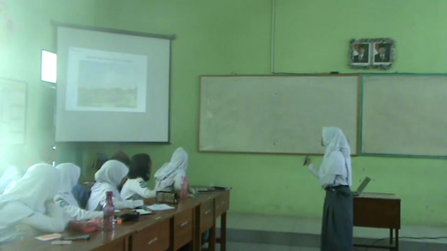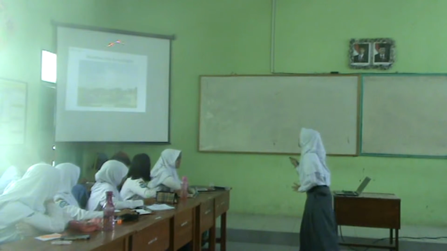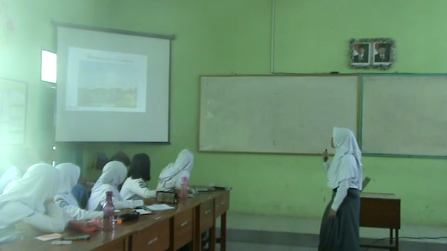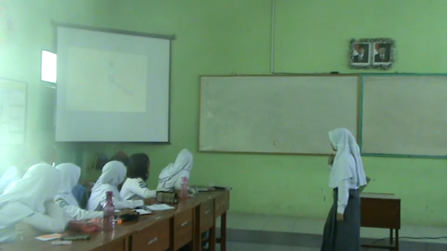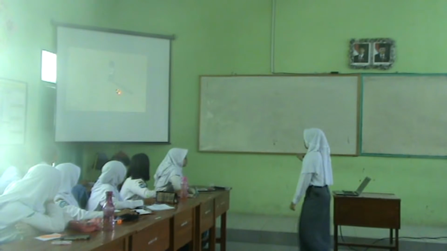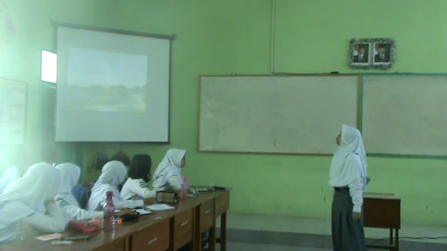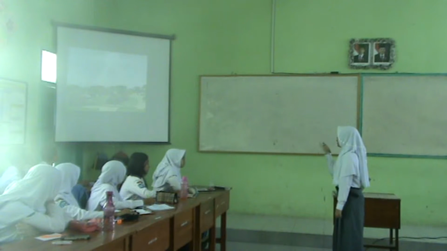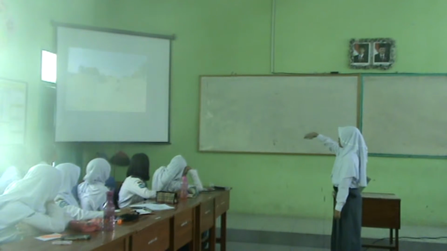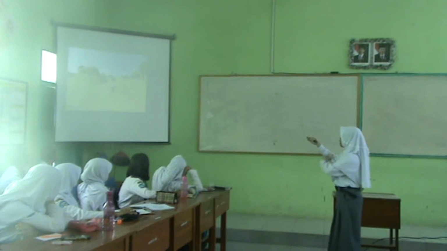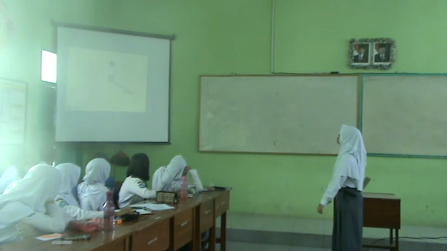Now let's see the shadow due to sunlight. Here we see the sun as the source of light, and the boy is an opaque object who obstructs the light, and the ground is where the shadow is formed. In the morning, the shadow of the boy is longer.